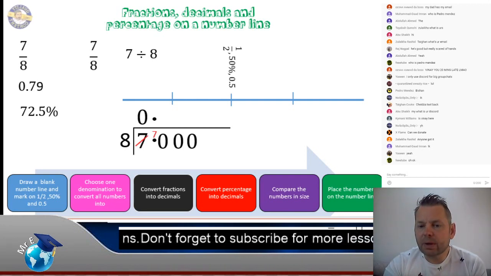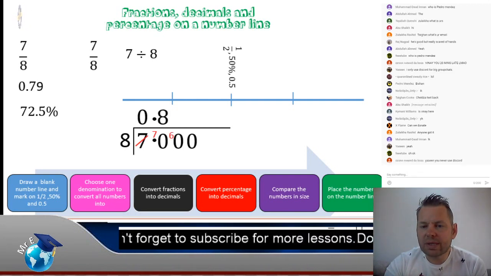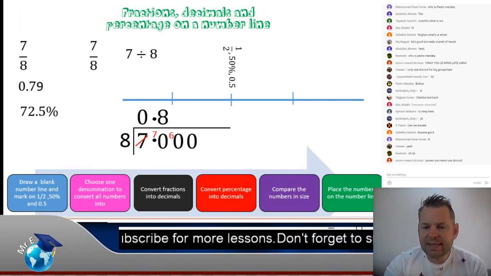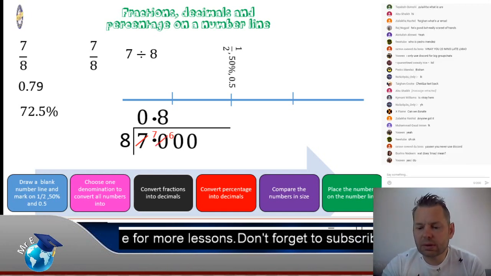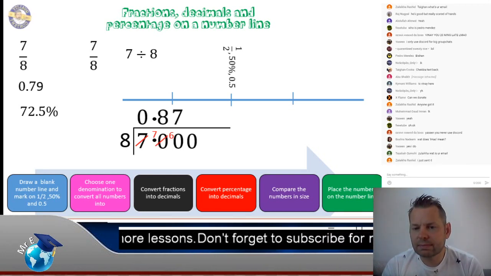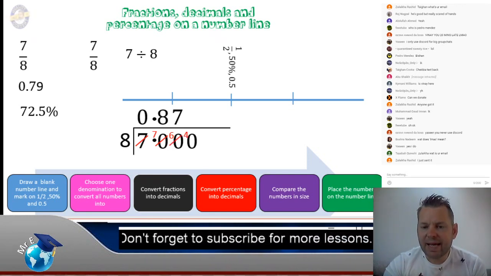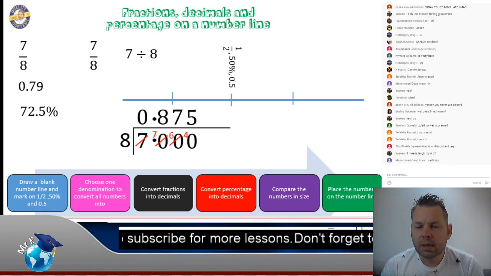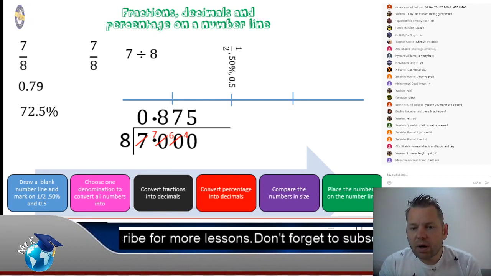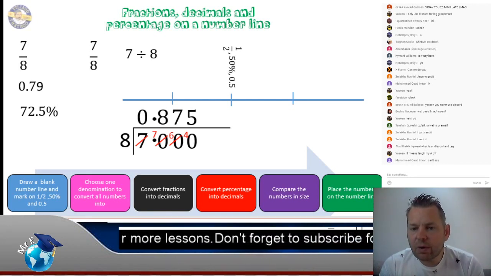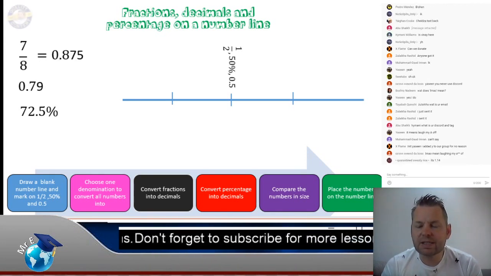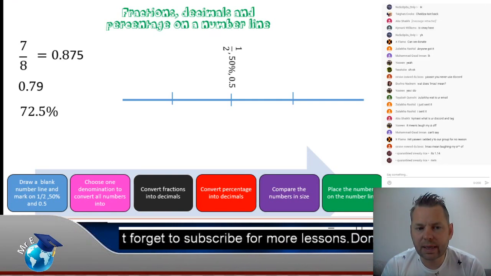Working through it slowly, I'm going to do 8 into 70 goes 8 times and leaves me 6 left over. 8 into 60 goes 7 times and leaves me 4 left over. And 8 into 40 goes 5 times. So my decimal equivalent of 7/8 is 0.875. So this is 3 decimal places, okay?